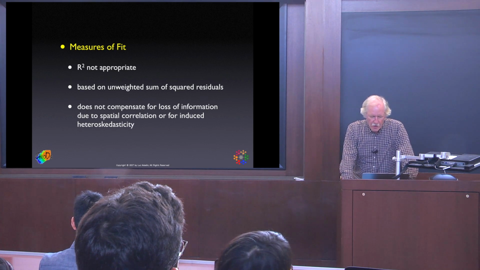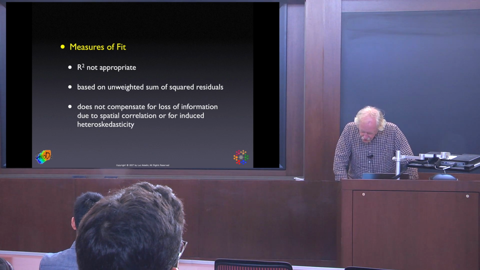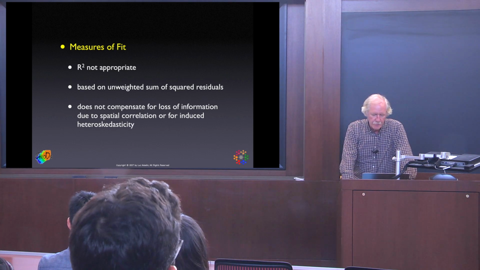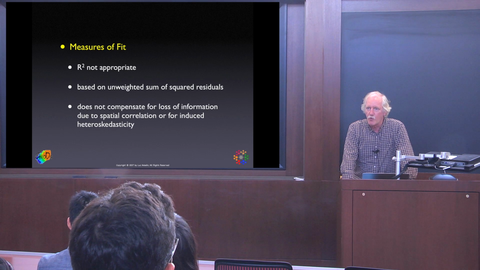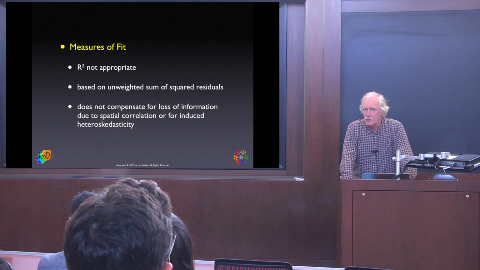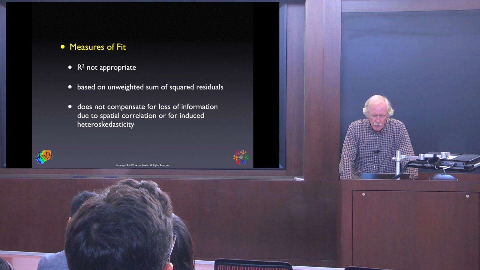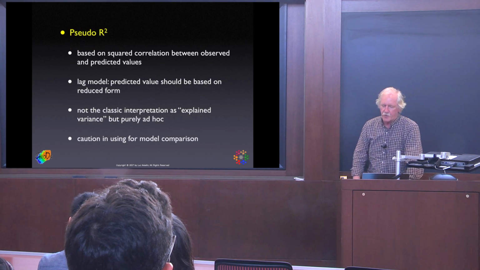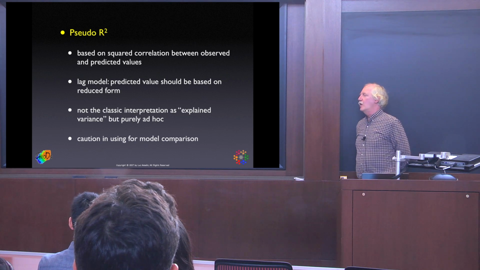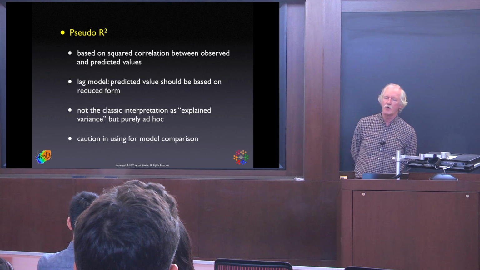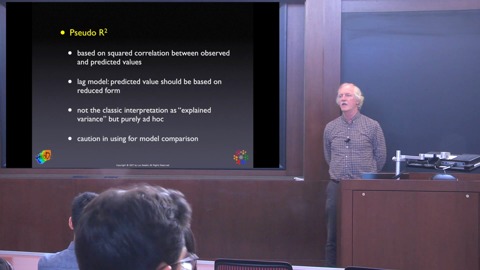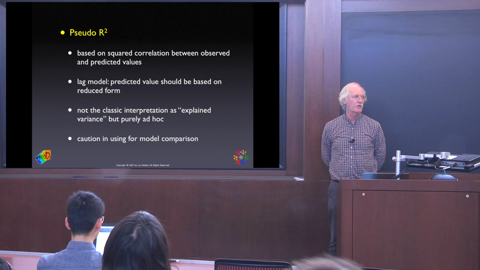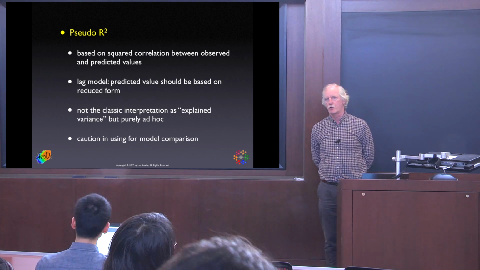So the R square, being based on the unweighted sum of squared residuals, doesn't compensate for what we know is basically a loss of information. So how do we deal with this? There are a number of solutions. There are some very sophisticated solutions that were developed a long time ago, where you basically use a form of weighted residuals, weighted squared residuals, to compute an alternative R square.